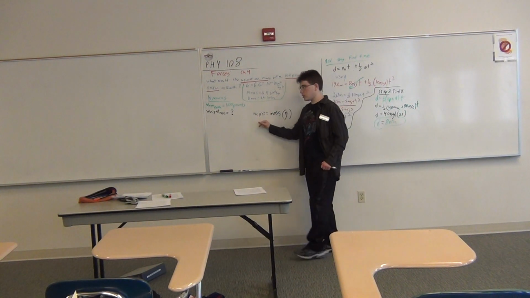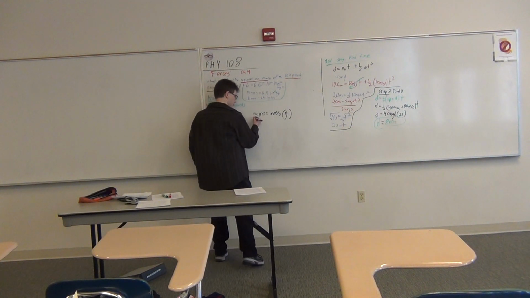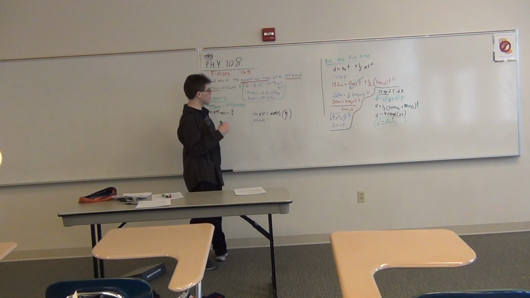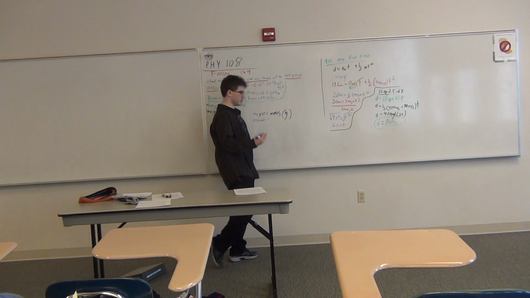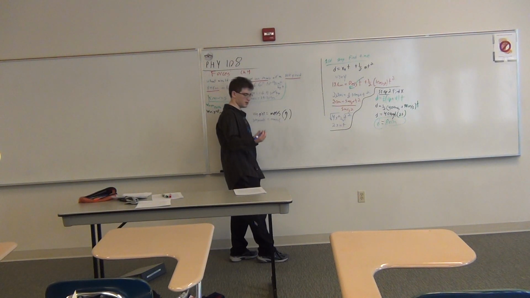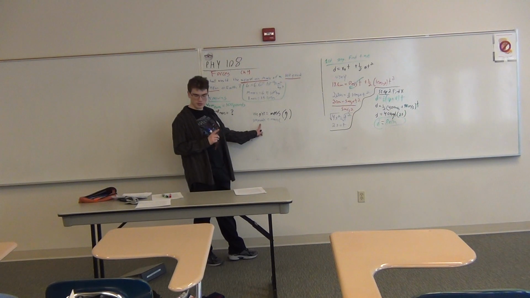So if we're on Earth, we know the weight. This will be equal to the person's mass times g. Is pounds a metric unit or an English unit?